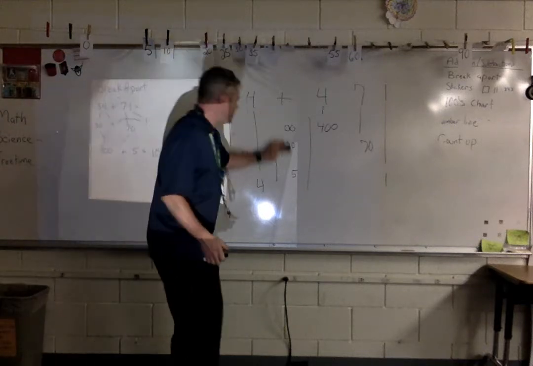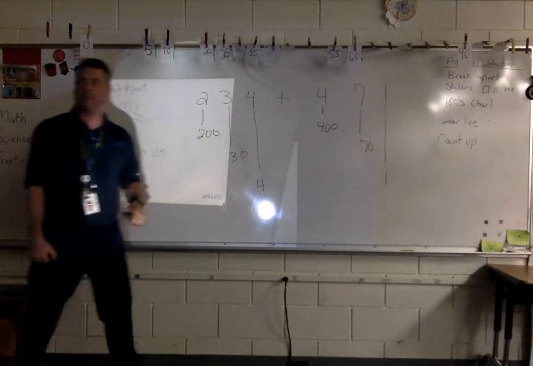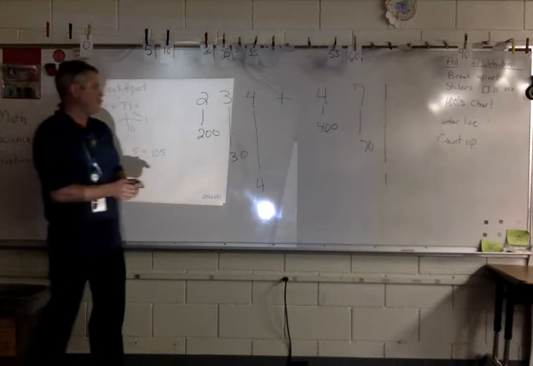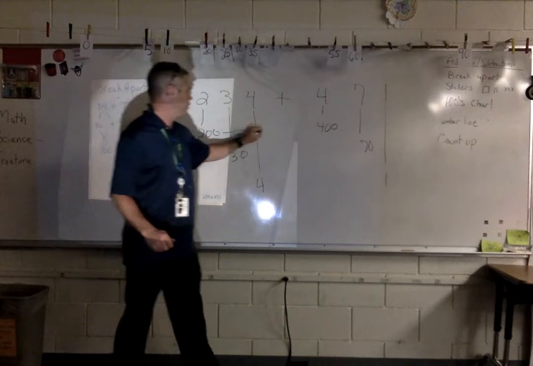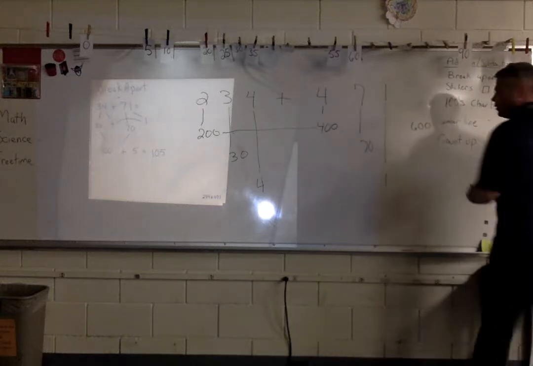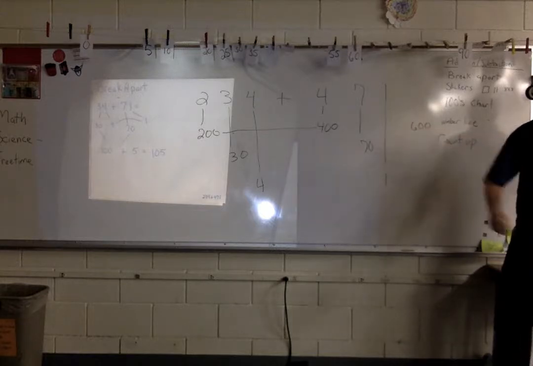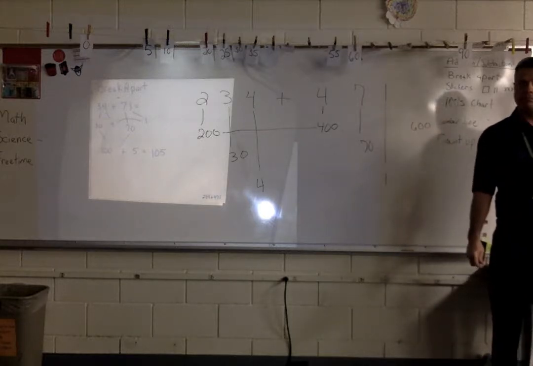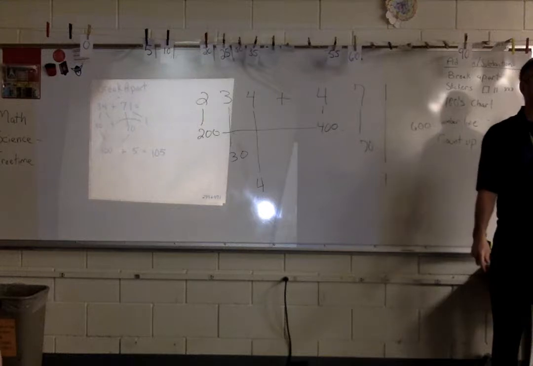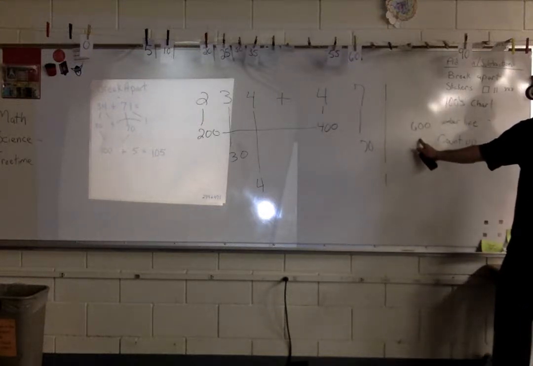Okay, so you're saying, Mr. Forstall, when you put it right there in the middle like that, it's confusing? Would you rather I did this? Does that make you feel better? Who likes this way of doing it better than the way I did it? Whatever works for you. Let's do it Ian's way.